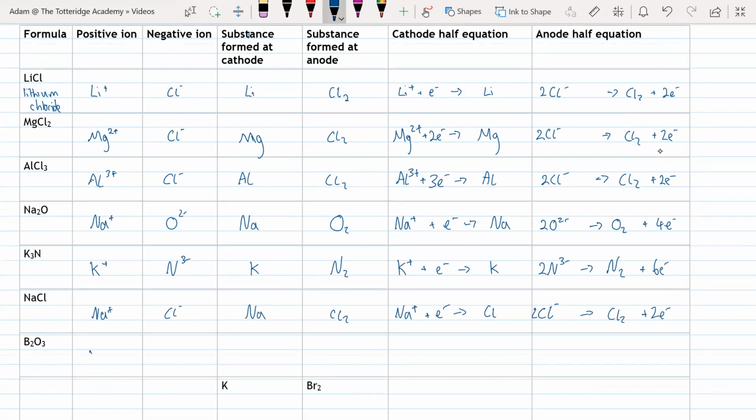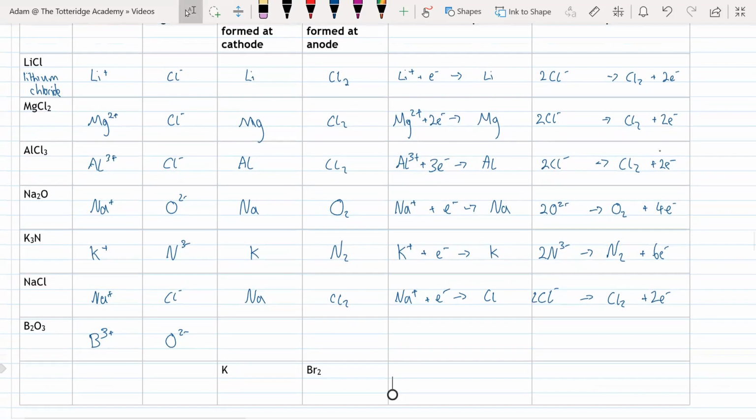B2O3, I've got B3+, O2 minus, and I'm going to be forming B and O2. So B goes from B3+, add 3 e minus to B, that's boron, and 2 O2 minus forming O2 and 4 e minus.